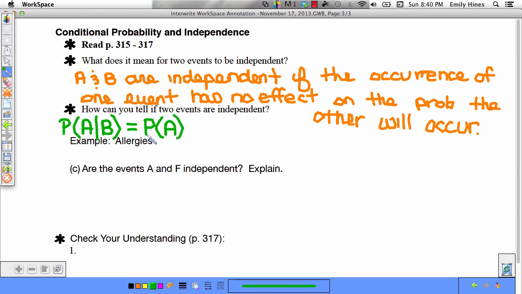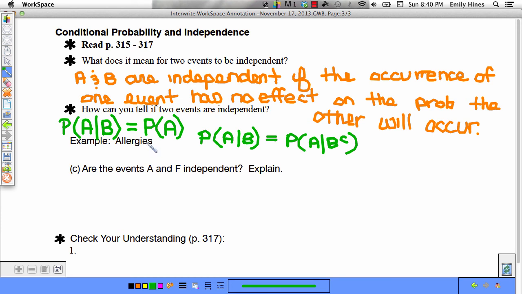Likewise, the probability of A given B would be the same whether B happened or not, so it should also equal the probability of A given the complement of B. So if B did not happen. Okay, these are two ways to tell.